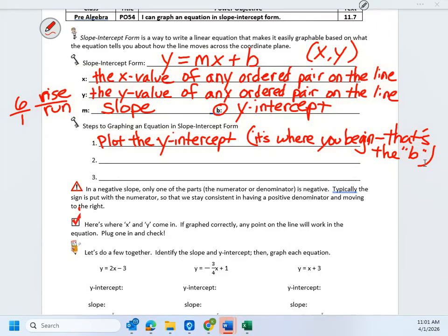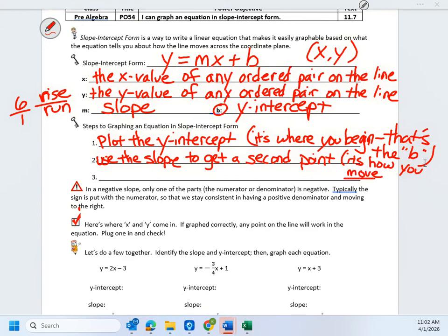It's the beginning point. Step 2, use the slope to get a second point. It's how you move the line.